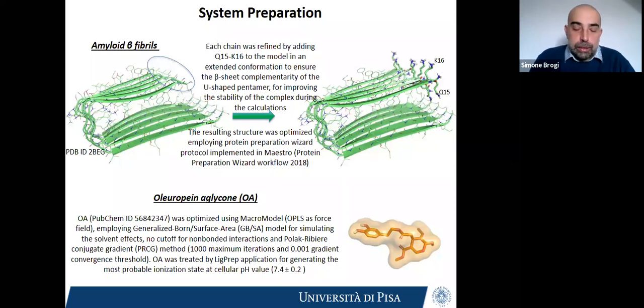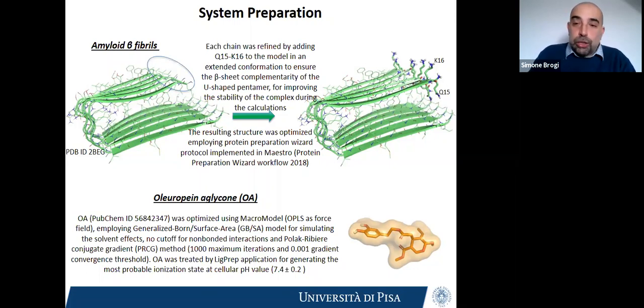This step is crucial to obtain a starting structure in which, for example, the protonation state of some amino acids, such as histidine, is correctly reported. Regarding oleuropein aglycone, the structure was downloaded from the PubChem database and was optimized using MacroModel software.